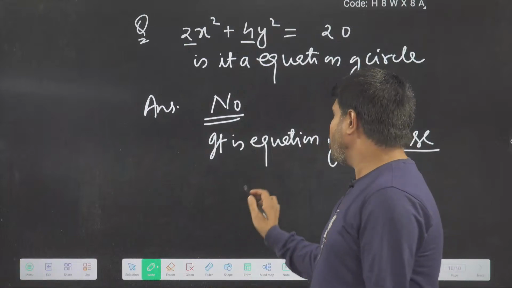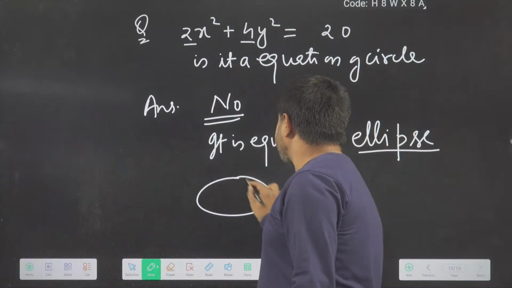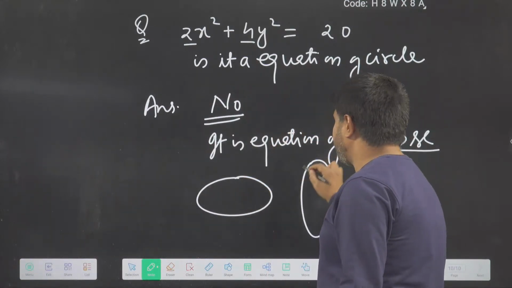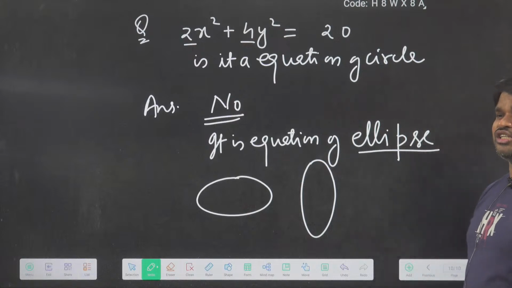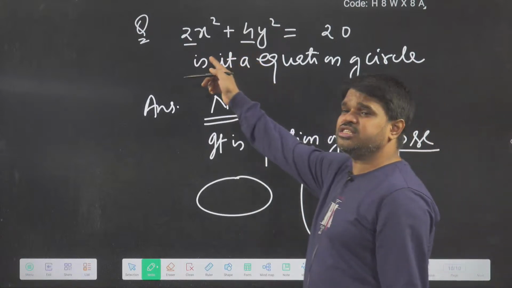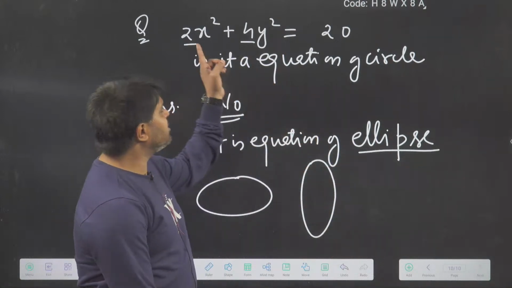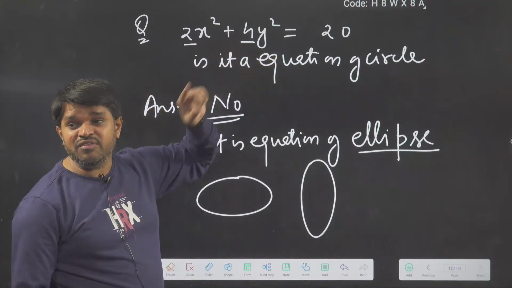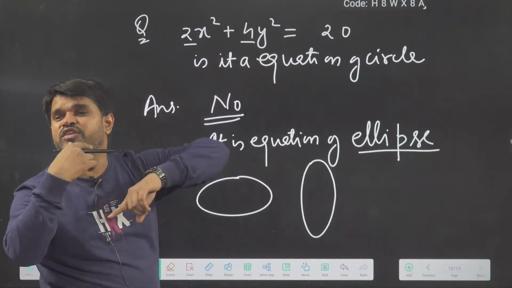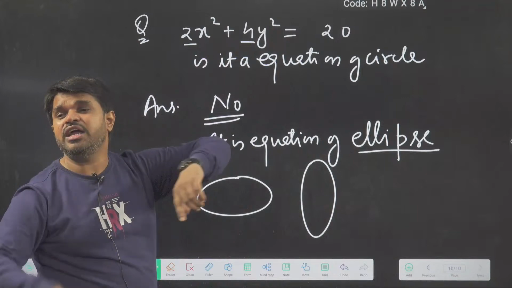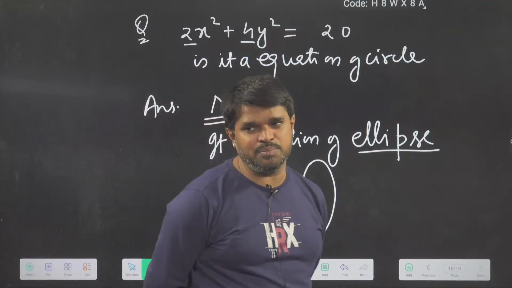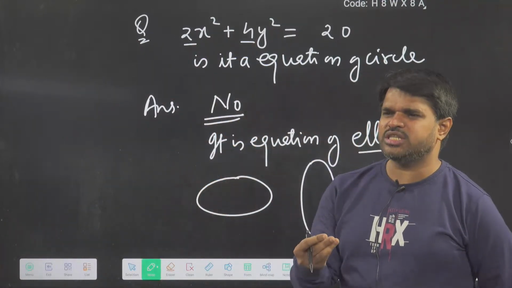So this kind of shape, they are called elliptical shape or ellipse. So if x square and y square have different coefficients, it is the equation for an ellipse.